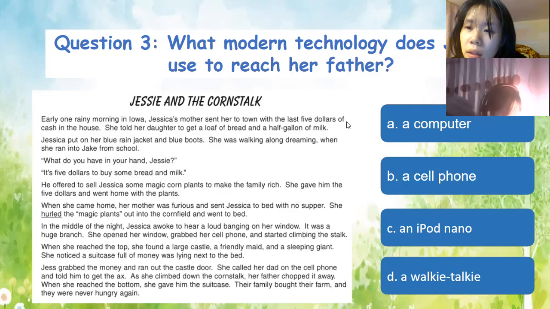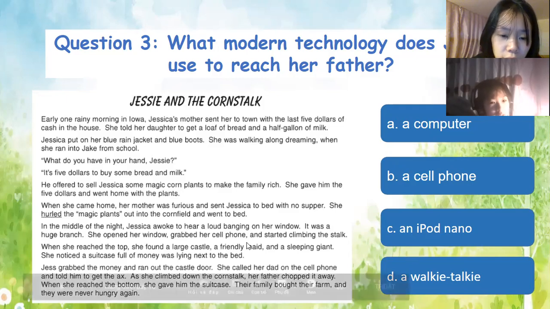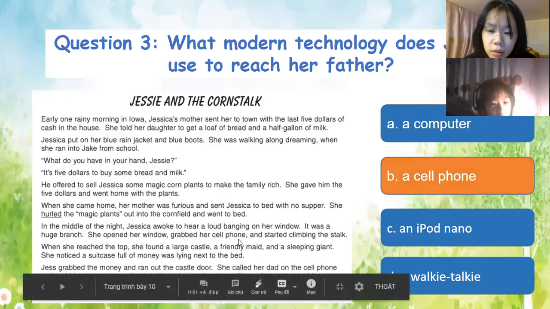What is it? A, B, C, D? B? B or D? A cell phone here? Yeah, that's right.